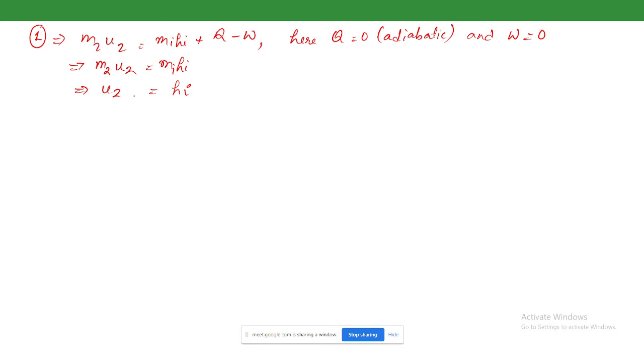At 20 degrees Celsius and 800 kPa, the condition of the air line, the enthalpy is 293.65 kilojoule per kg. Therefore u2 is also equal to this value.